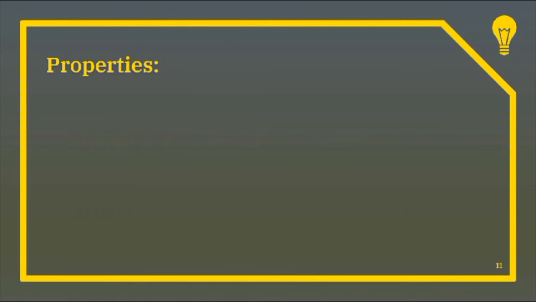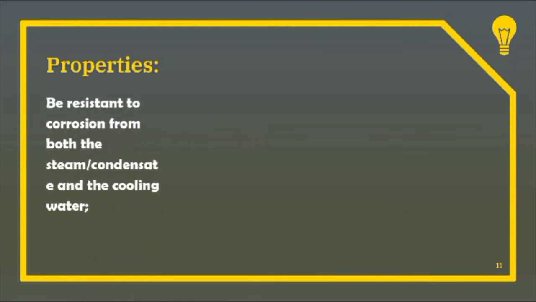The parts of shell and tube condensers involved in the transfer of heat from the steam and condensate to the cooling water should have the following properties. Be resistant to corrosion from both the steam or condensate and the cooling water.